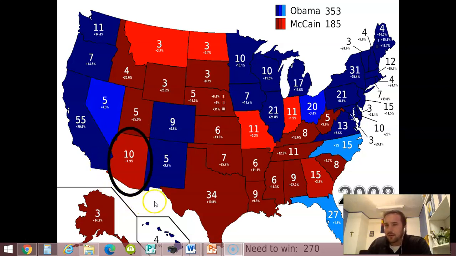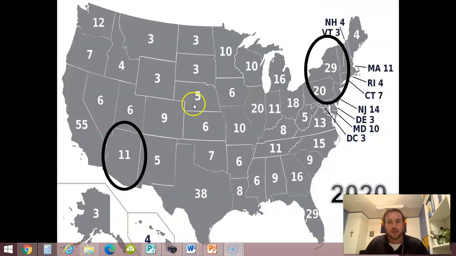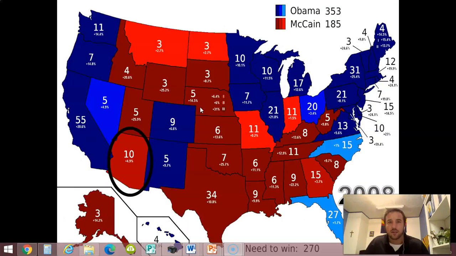Well, what happened? Well, you can see that that was indeed 12 years ago. And if you remember back to what we talked about, how do they figure out these number of points? Well, it's based on the 2 senators, which every state has, and then the number of representatives, which is based on state population, or how many people are in that state.